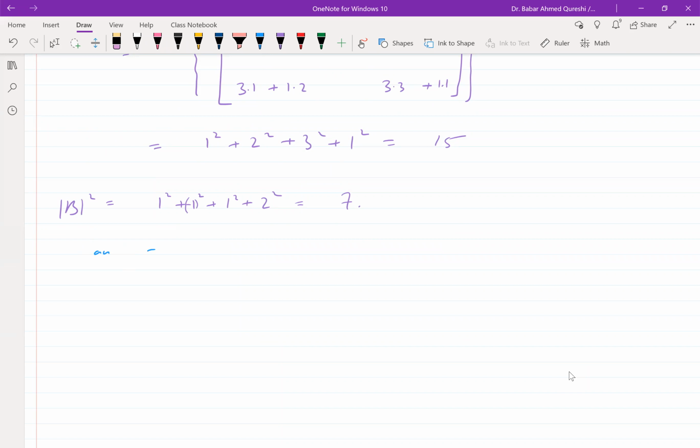Or we have been just calling it Schwarz. People sometimes call it Cauchy-Schwarz as well. That the scalar product, its norm, should be less than the length, which is true.